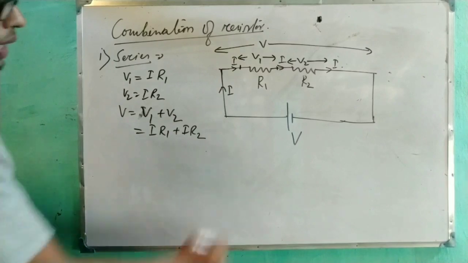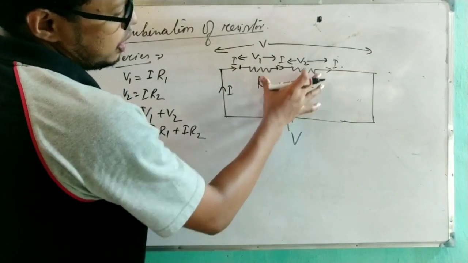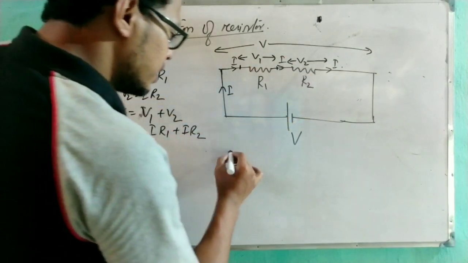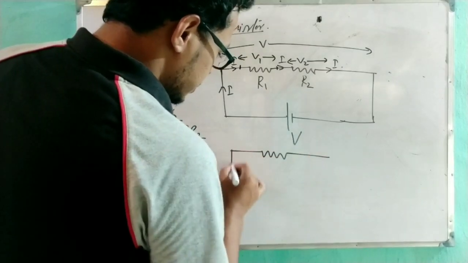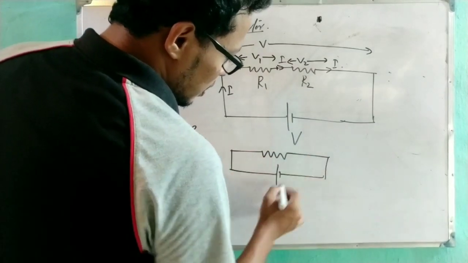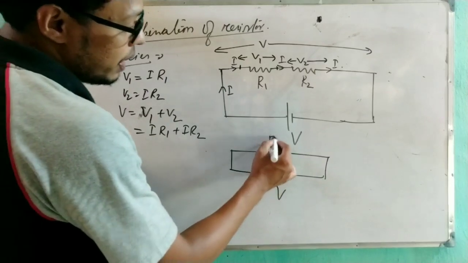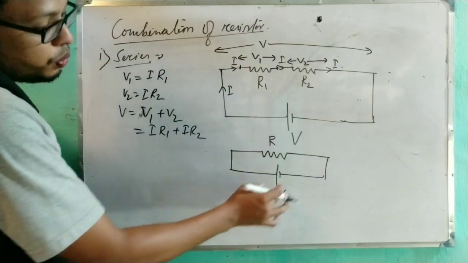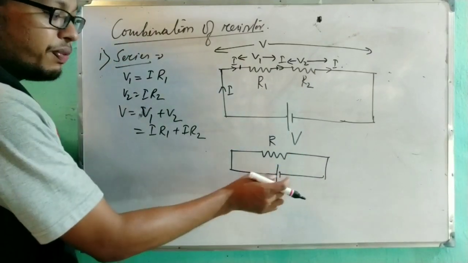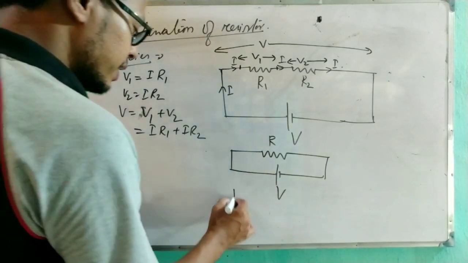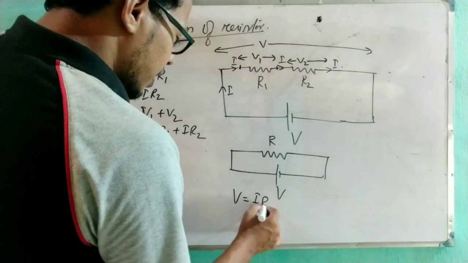Now see, if we think of these two resistors as one resistor, it will be like this. If we consider one resistor connected with a battery of potential difference V, then we can write V equals IR.